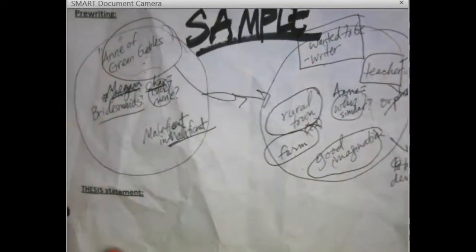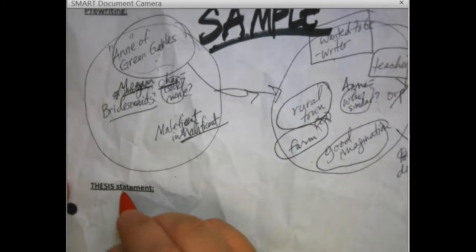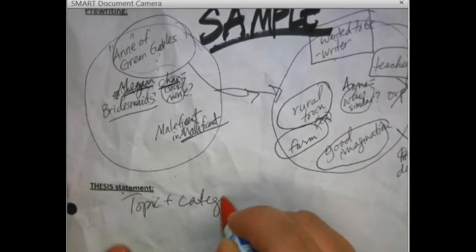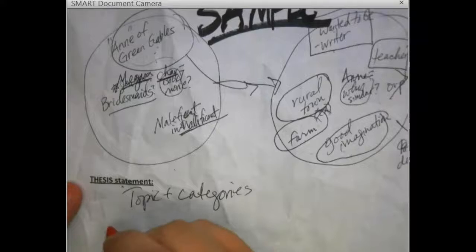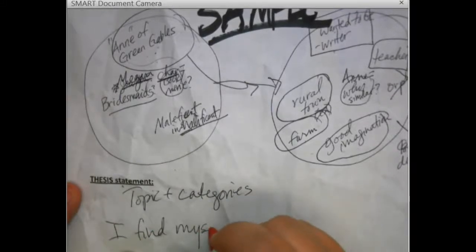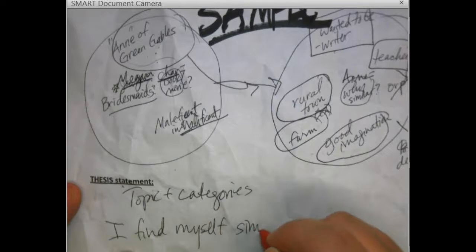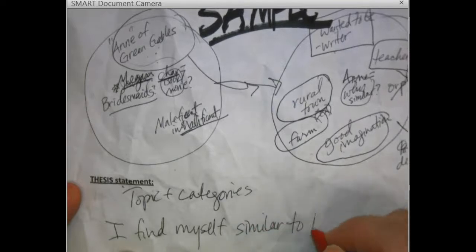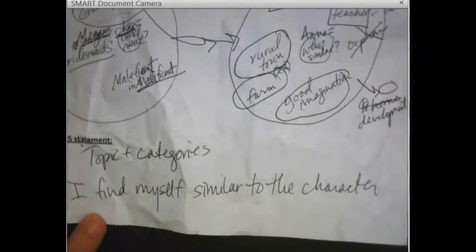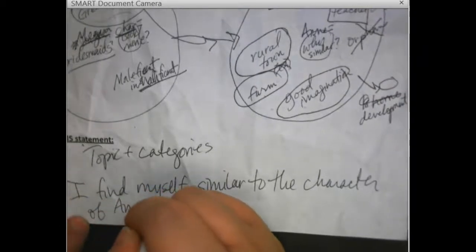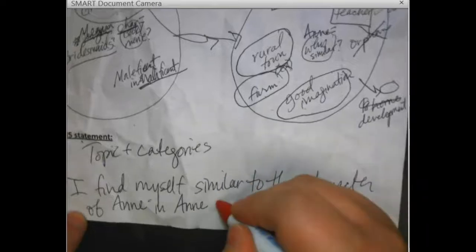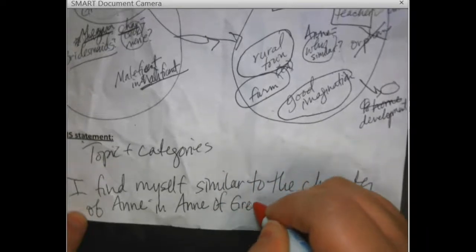Ultimately, what I would take this to is a thesis statement that's my topic plus my categories. So maybe I say, I find myself similar to the character of Anne in, and here's where you need to use good punctuation.